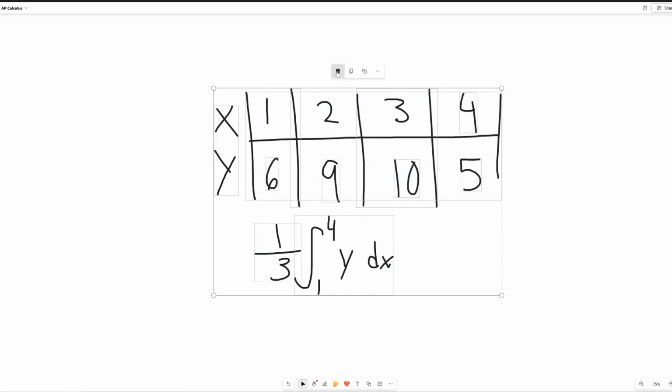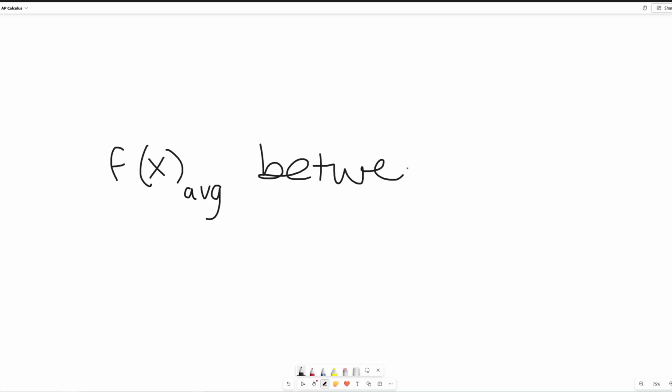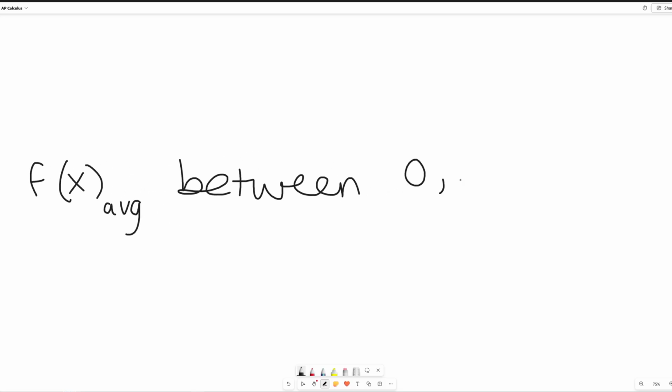One last thing that you might see regarding average value on the test is it will tell you the average value of f of x, I'm just going to denote it as f average, between 0 and 5 is 30, just 30.